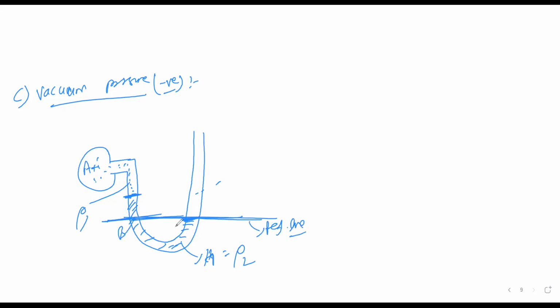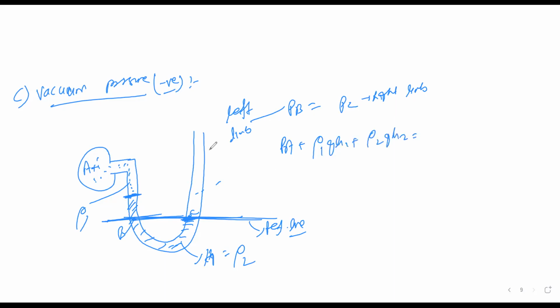Consider this point B and this point C. By Pascal's law, we can say that PB is equal to PC. The left limb pressure must be equal to the right limb pressure. The left limb is PA plus ρ1G H1 plus ρ2G H2. And on this side atmospheric pressure is acting, but I am finding the gauge pressure, so atmospheric is the reference pressure.